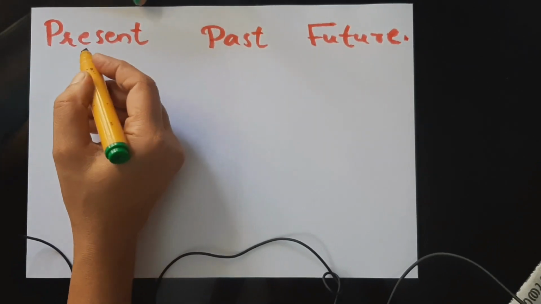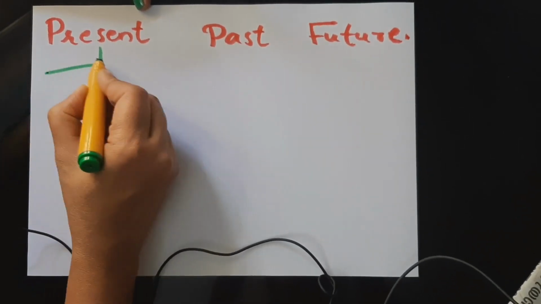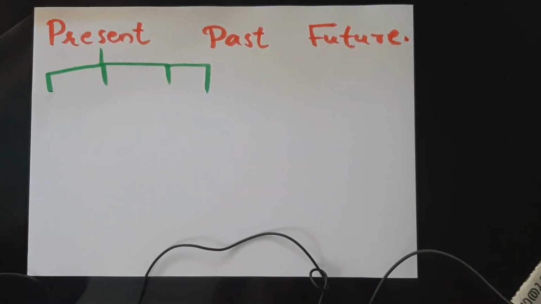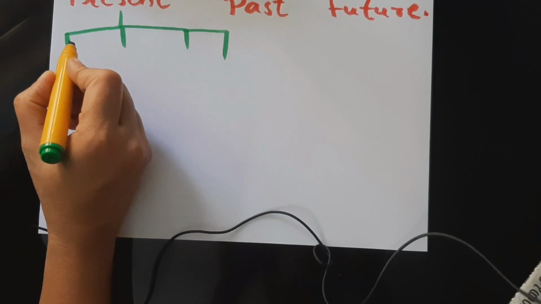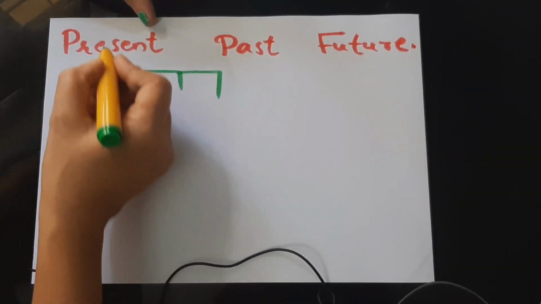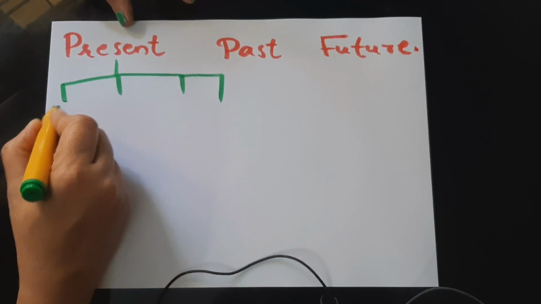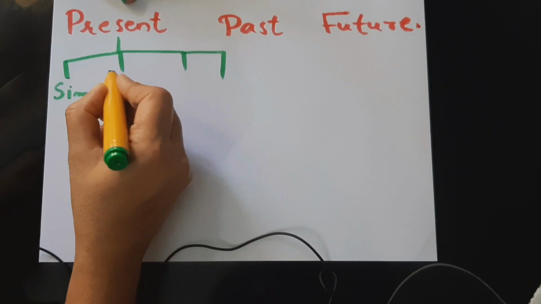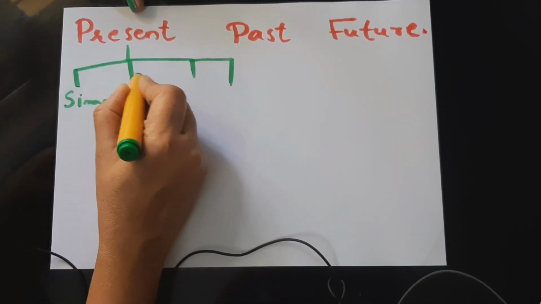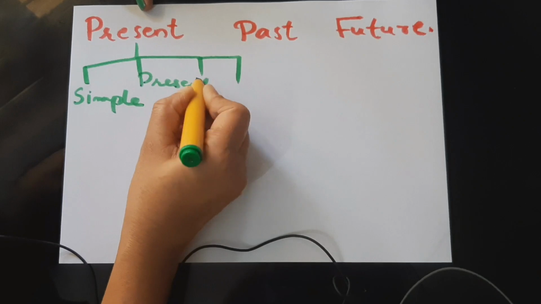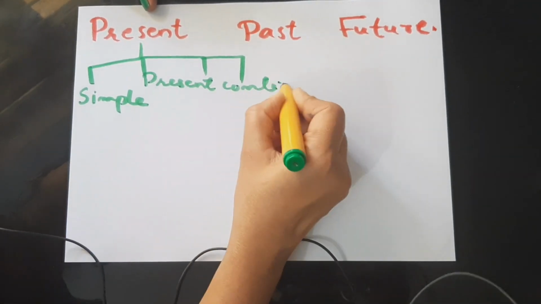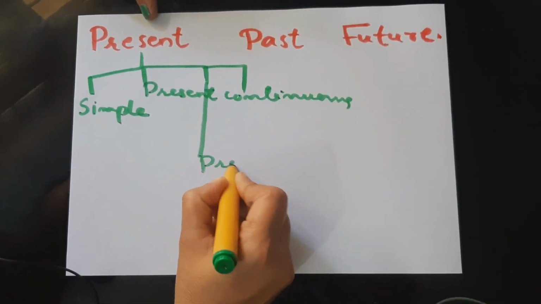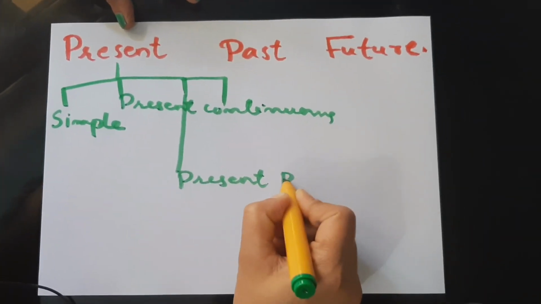So, each of which is subdivided into 4 parts. Present tense has 4 subdivisions in it. The first one is simple present. The next one, present continuous. The third one, present perfect.